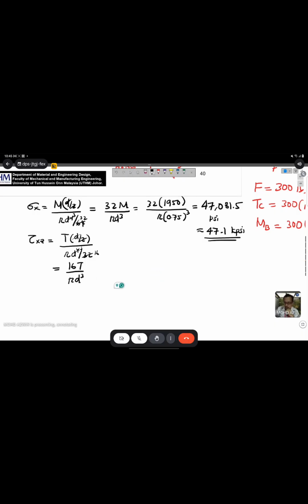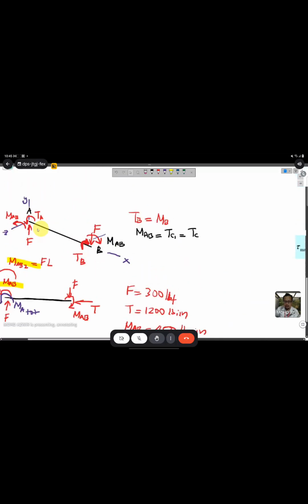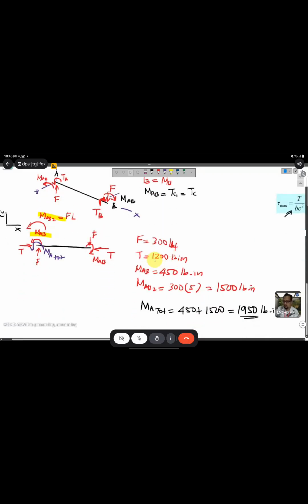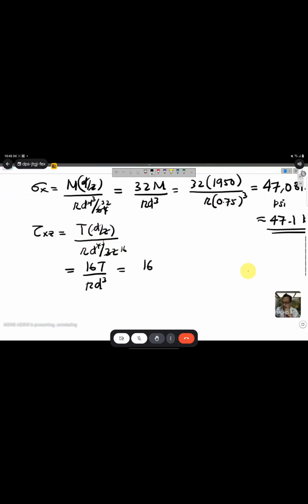Okay, and then we just put the value: 16, T is 1200, D is 0.75.